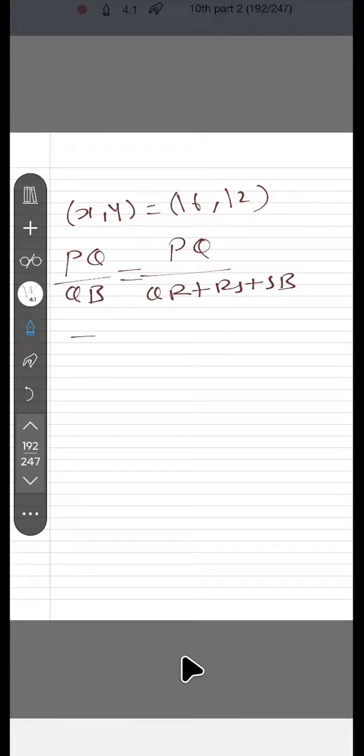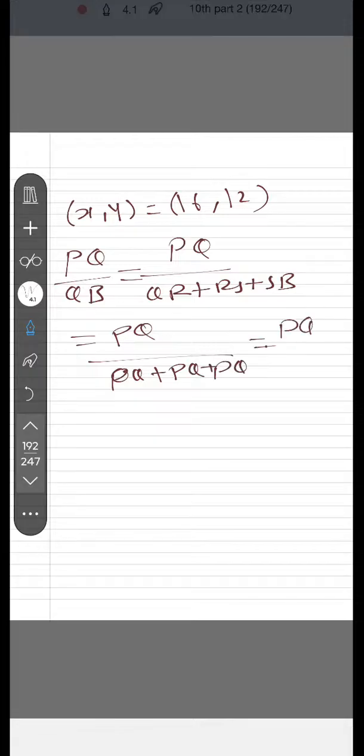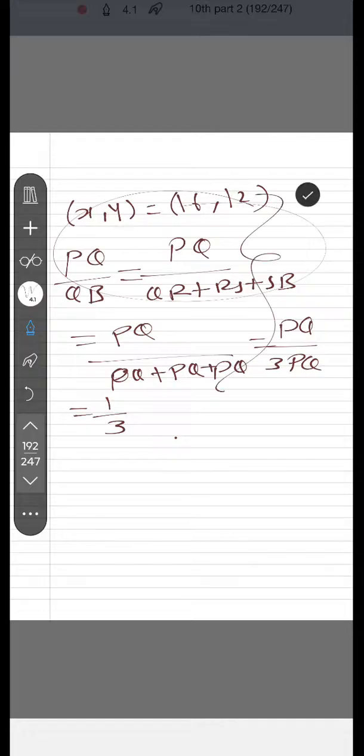So PQ upon PQ plus PQ plus PQ, which is 3 times PQ, which is equal to 1 upon 3. The similar step I also use here, and in the remaining terms you have to use the same steps, and you will get the answer. That's it.